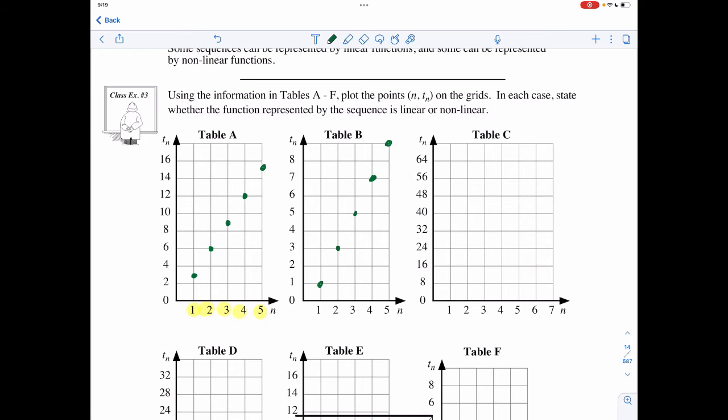For table C, we had the value of 1 and 1, 2 and 2, 3 and 4, 4 and 8, 5 and 16, 6 and 32, 7 and 64.